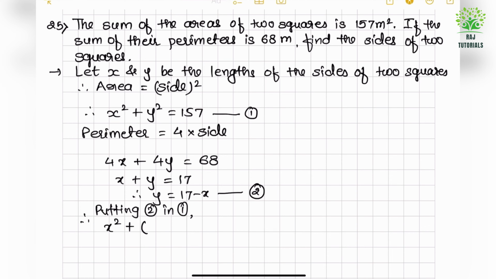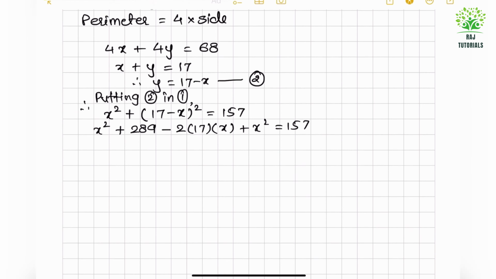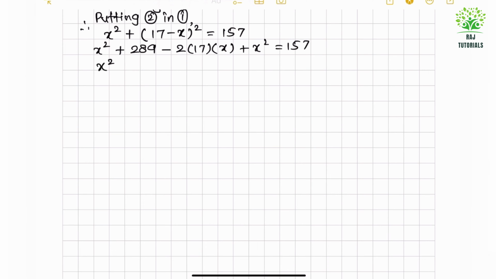So I will have x square plus (17 minus x) whole square equal to 157. When I open the bracket, I will have x square plus 17 square, which is 289, minus 2 into 17 into x, plus x square equal to 157. So I get x square plus 289 minus 34x plus x square equal to 157.